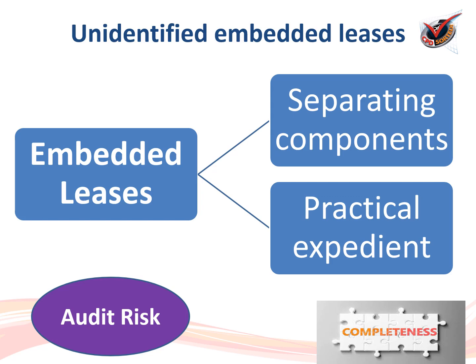The entity needs to account for each lease component within a contract as a separate lease from the non-lease components, unless it applies the practical expedient, that being that a lessee may elect by class of underlying asset not to separate non-lease components from the lease components, and instead account for each lease component and any associated non-lease components as a single lease component.